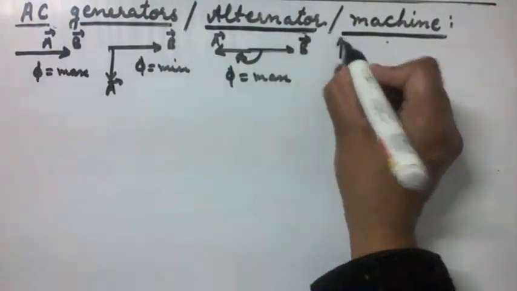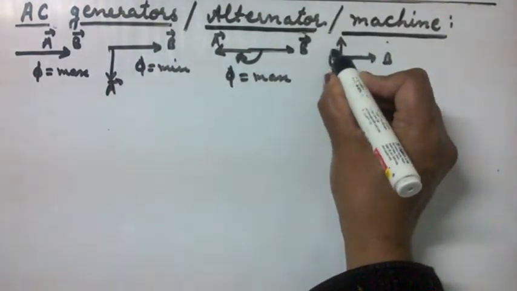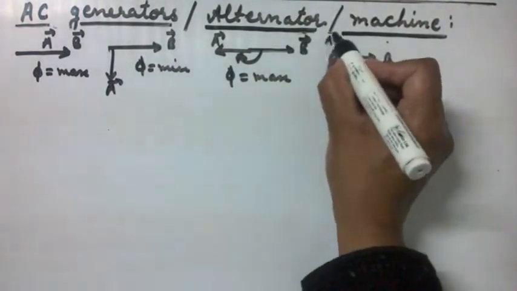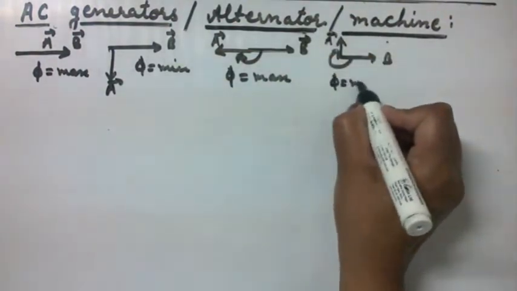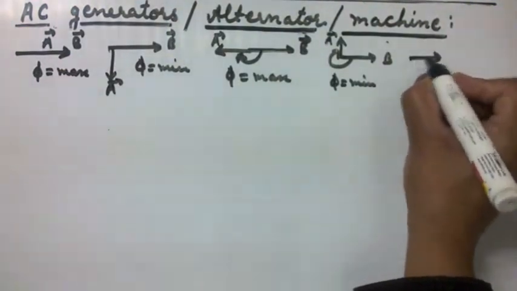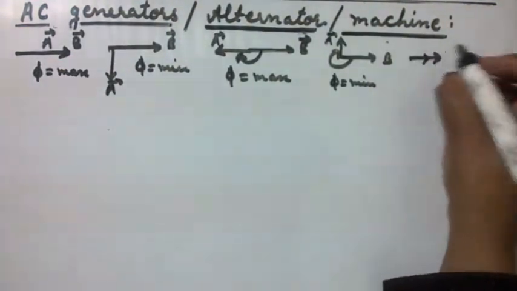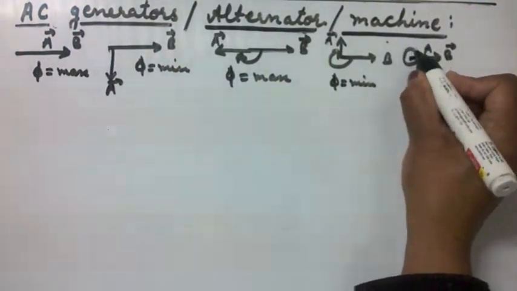Then area vector and magnetic field are at an angle of 270 degree, flux is minimum. At 360 degree, that is 2 pi, flux is maximum.